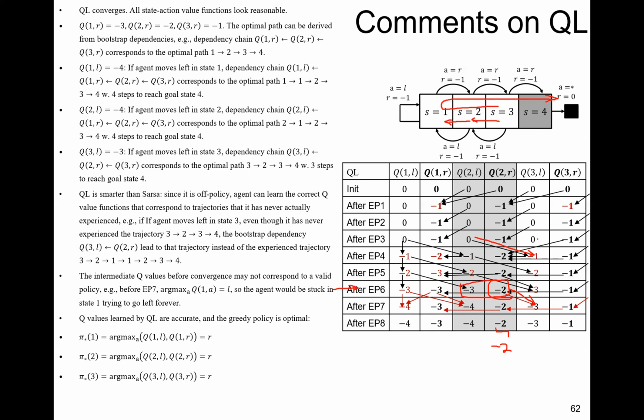So Q3 left will bootstrap off of Q2 right instead of Q2 left. That's how it learned this path 3, 2, 4, even though it has never experienced 3, 2, 4 before, thanks to the max operator in Q learning.